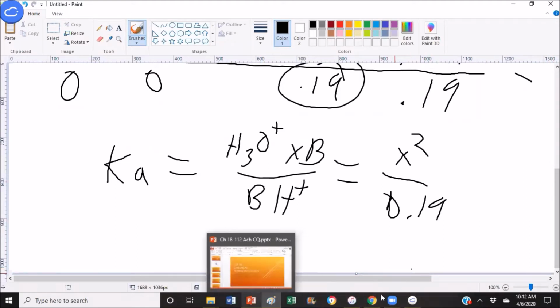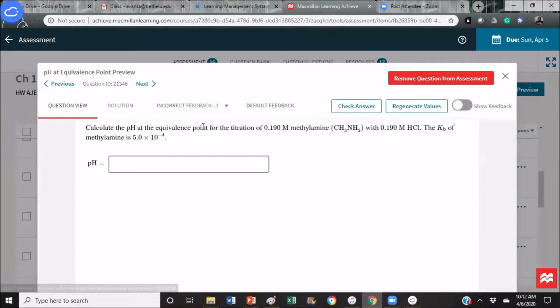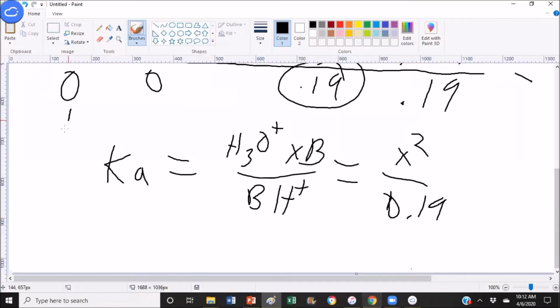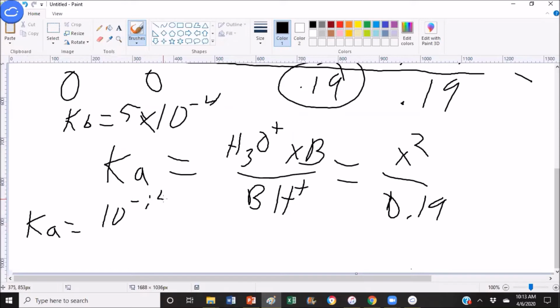They give us our Kb as 5 times 10 to the negative 4th. So if Kb is 5 times 10 to the negative 4th, then Ka must be 10 to the negative 14 divided by our Kb, which would give us 2 times 10 to the negative 11th.